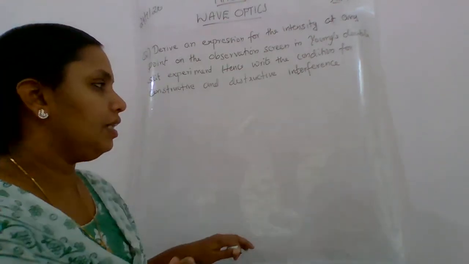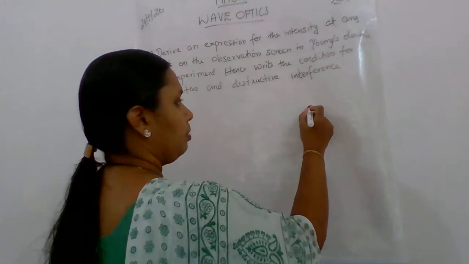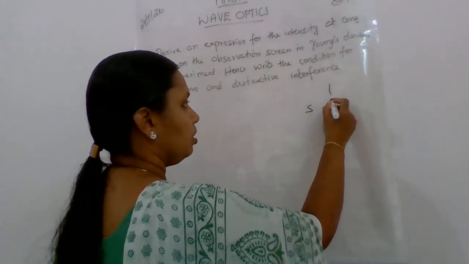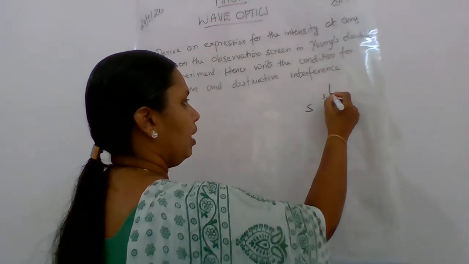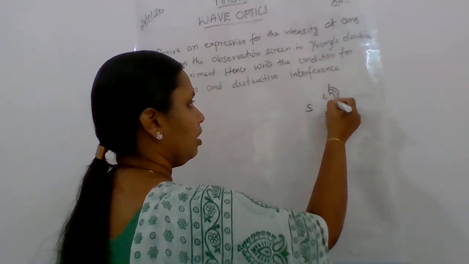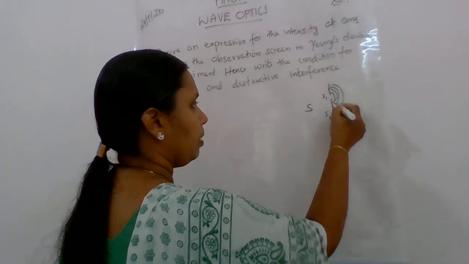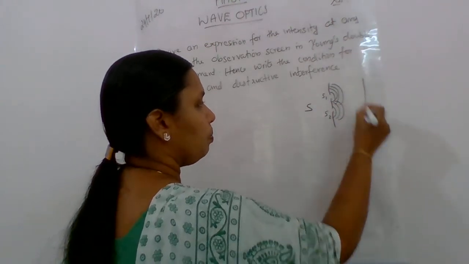Just to recollect, from our parent source, through the two slits S1 and S2, the light waves are coming, crests and troughs propagating like this and superposing.